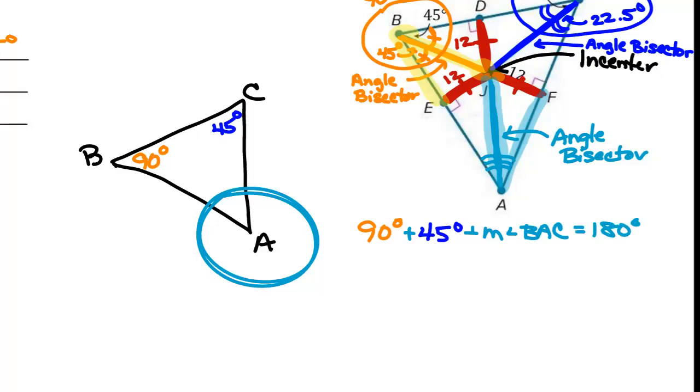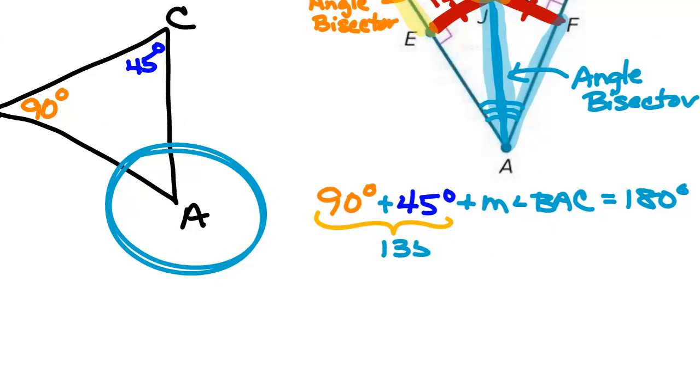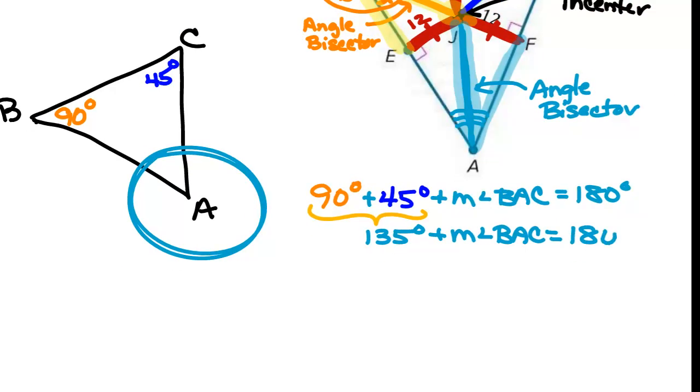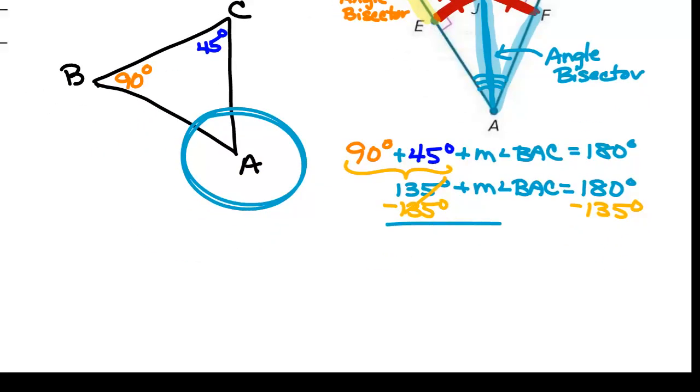We'll set that equal to 180. What do I get when I combine 90 and 45 together? 135. So I have 135 plus the measure of angle BAC is equal to 180. And then I'm going to subtract 135 from both sides. What is 180 minus 135? 45.